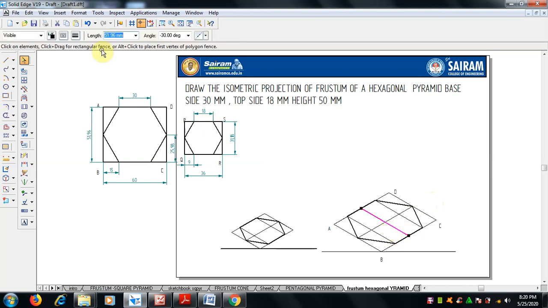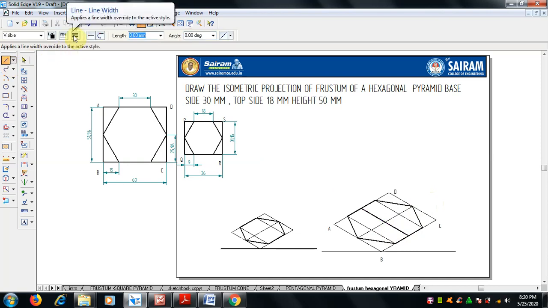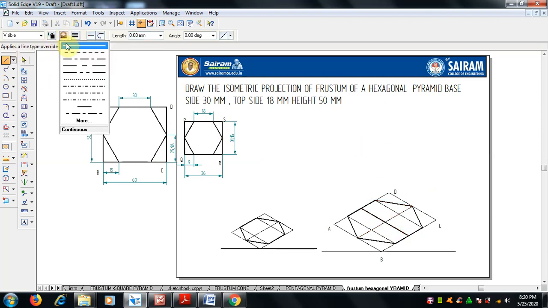So we can draw the axis line by selecting, since we need the vertical height. Okay, I am going to draw a vertical line.